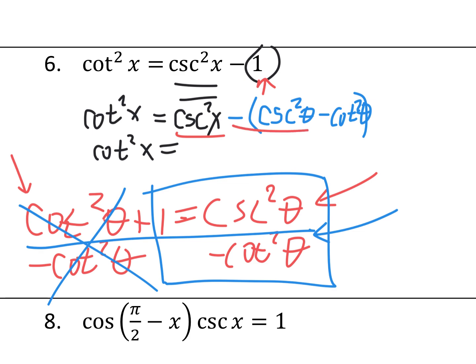This and negative that are going to cancel. Making sure I'm doing this right. Negative, that leaves me with cotangent. Yep, the negative of the negative makes it positive cotangent. And that's what I was trying to prove, because it says cotangent, it equals cotangent. Sweet. Do you get that this one cancels this one?